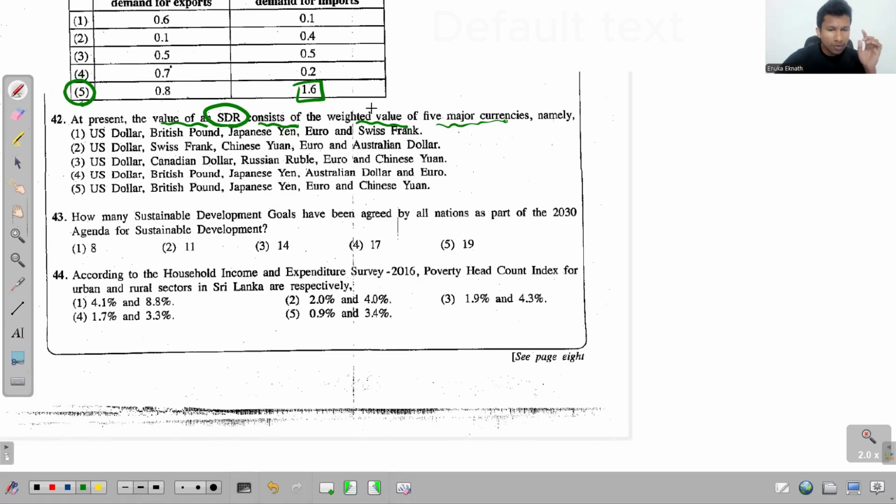And right now, what are the 5 major currencies that are considered? So these are facts. There's no logic here. I mean, you just need to get whatever the provided information. So the 5 major currencies that are considered when evaluating the value of SDR are US dollar, British pound, Japanese yen, euro, and Chinese yuan.